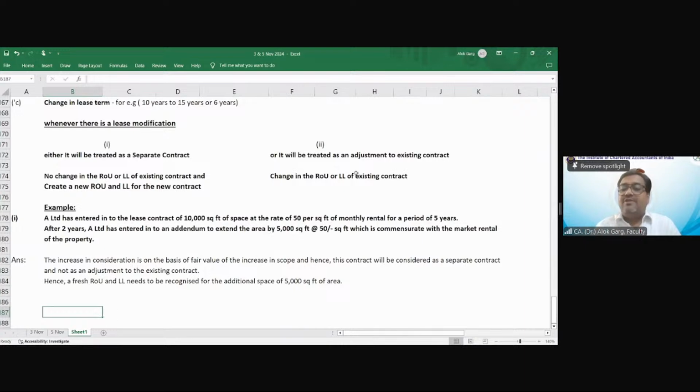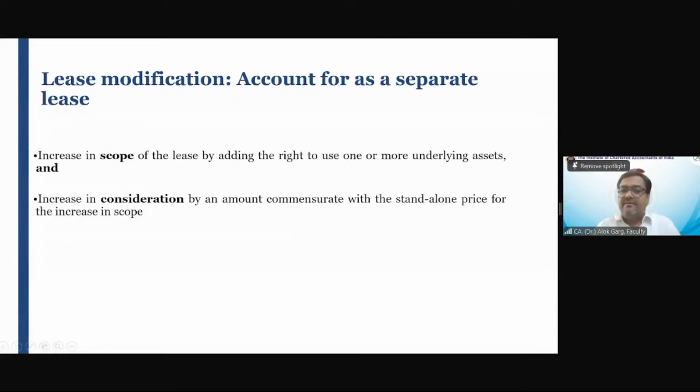I hope you have understood the meaning of lease modification. We have discussed when a lease modification will be accounted for as a separate lease: an increase in scope of the lease by adding the right to use one or more underlying assets, and an increase in consideration by an amount commensurate with the standalone price for the increase in scope.